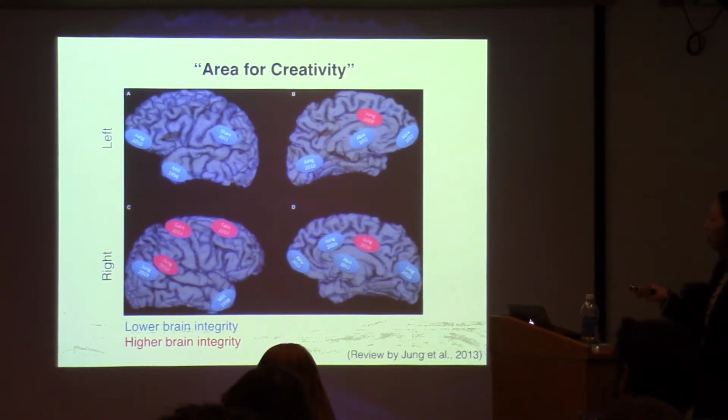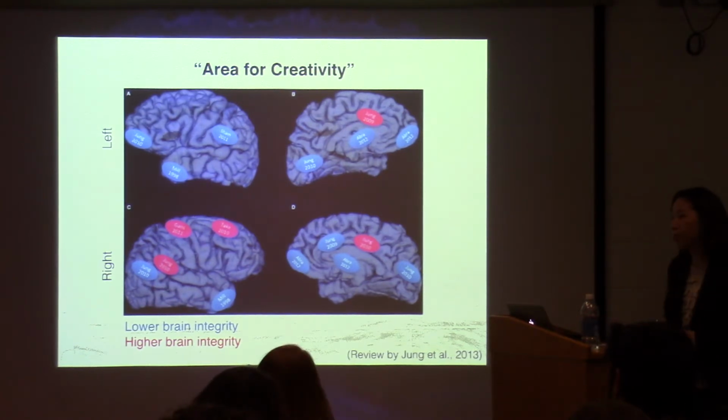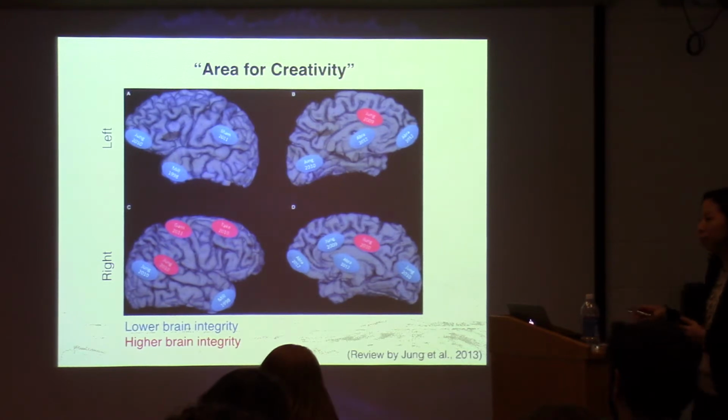The blue areas are where we see lower brain integrity for people who are more creative, and the red is where we see higher brain integration for people who are more creative. But all in all, I'm showing you this because I want to emphasize that there seems to be no specific area of the brain that's responsible for creativity.